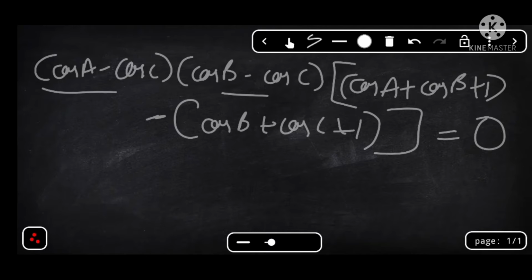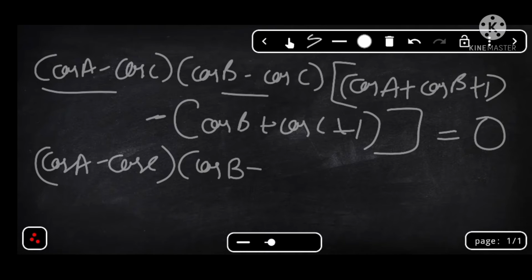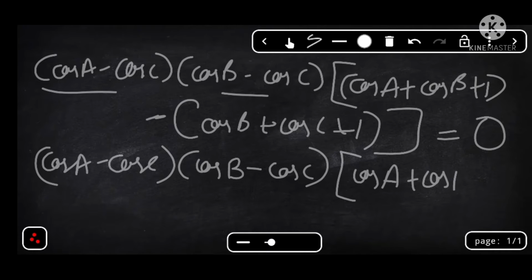Now we need to solve this: cos A minus cos C, cos B minus cos C, in bracket cos A plus cos B plus 1.